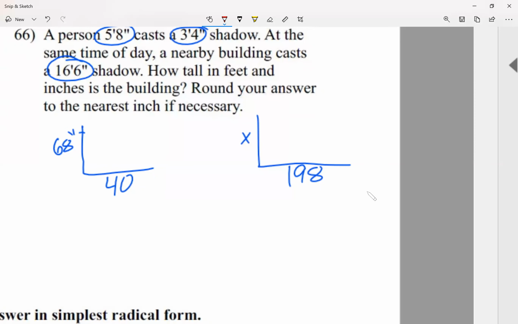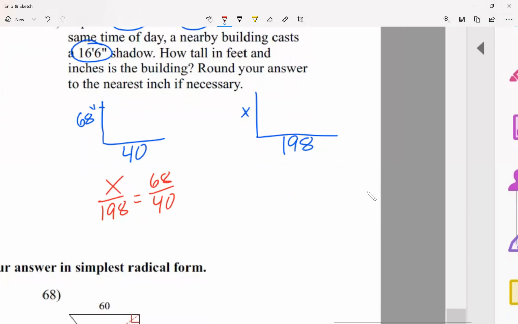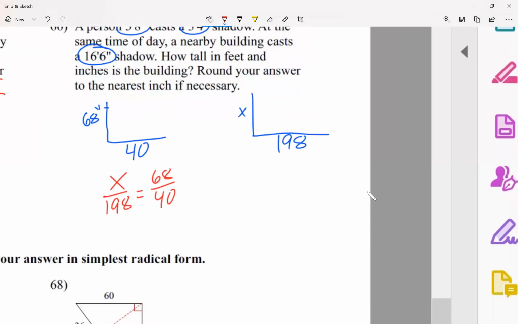I'm going to say x over 198 is equal to 68 over 40. I'm just going to cross multiply. So I have 40x equals 198 times 68, which is 13,464.